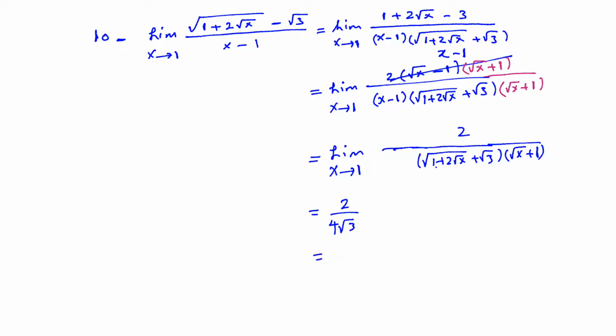The final answer is 1 over 2 root 3. The other method here is writing x minus 1 as root x minus 1 times root x plus 1 and reducing the fraction.